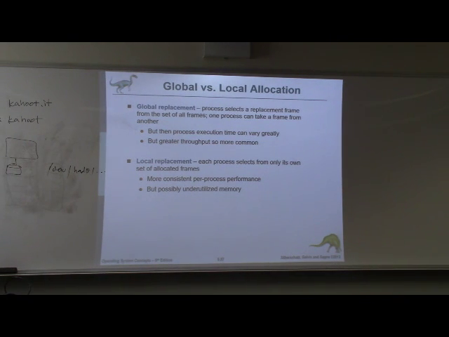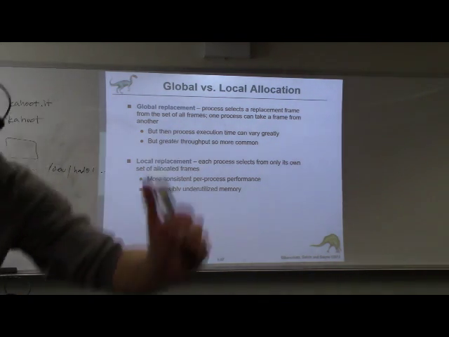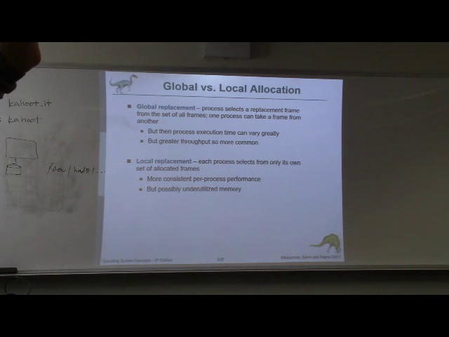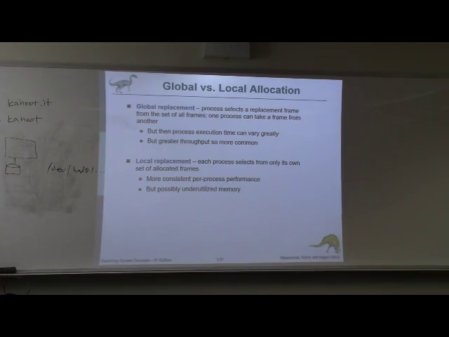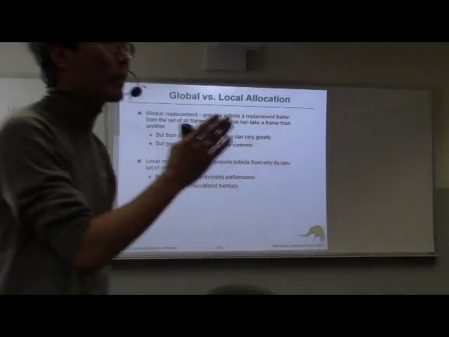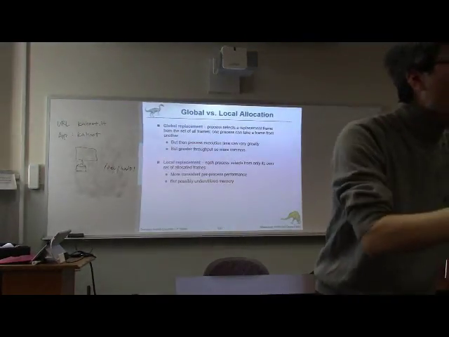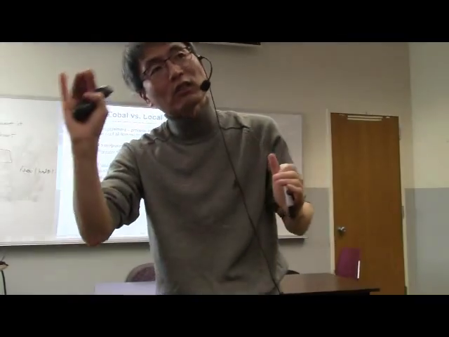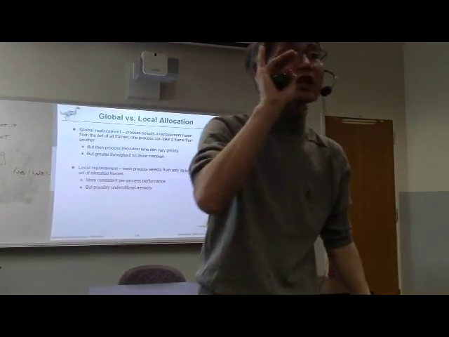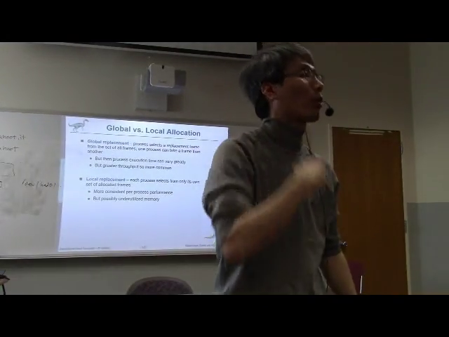Global and local allocation: when we select the victim, we can select the victim page from the entire set of page frames. That is called global allocation. However, if we consider as victims only the pages allocated to the specific process, that is called local allocation.